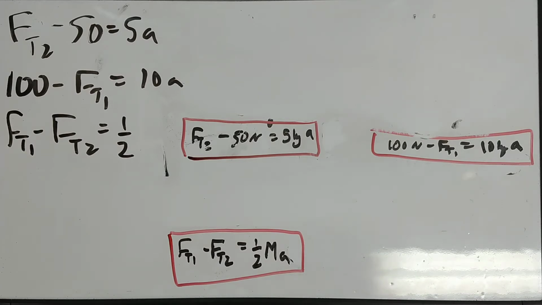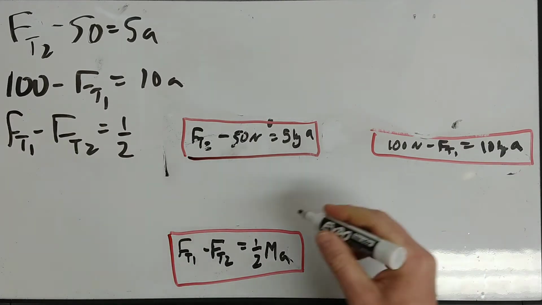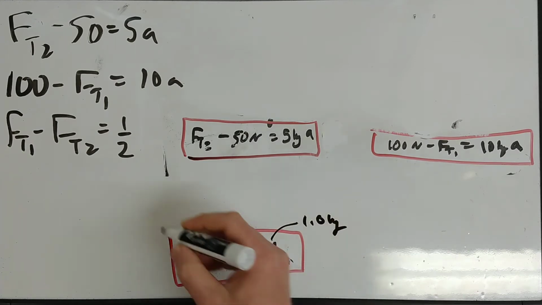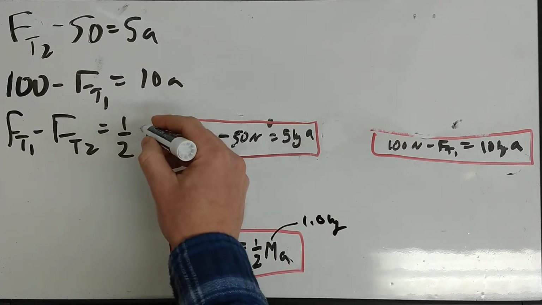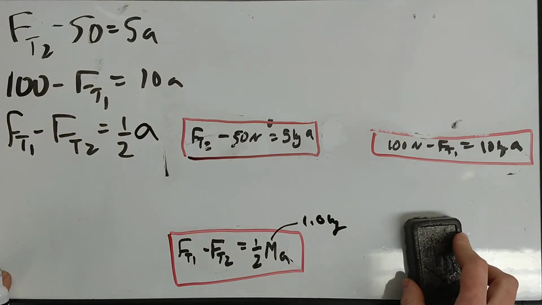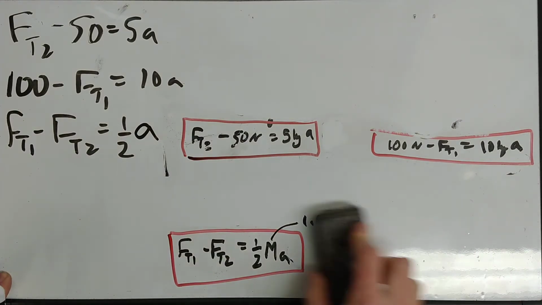Did I give the pulley a mass? I don't remember. If I didn't, let's go ahead and make it 1.0 kilograms. All right, so we'll just make that 1a. Now we've rewritten all the equations.